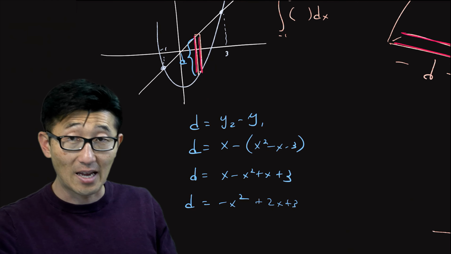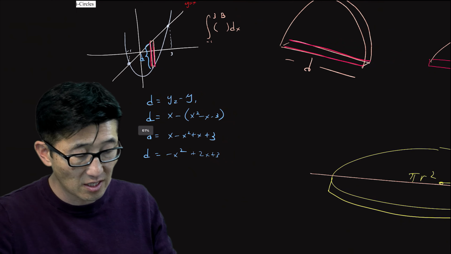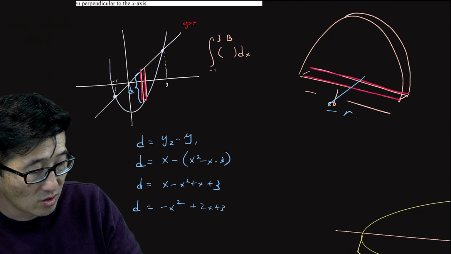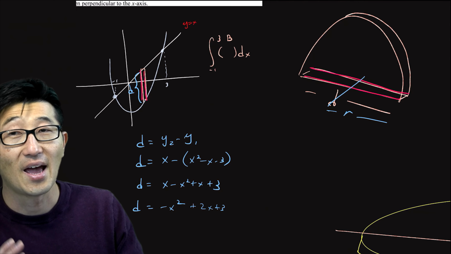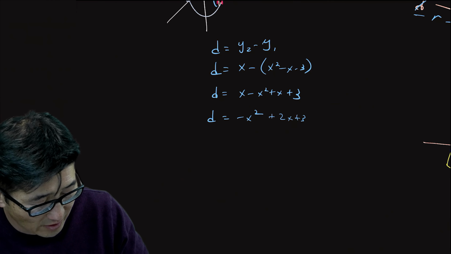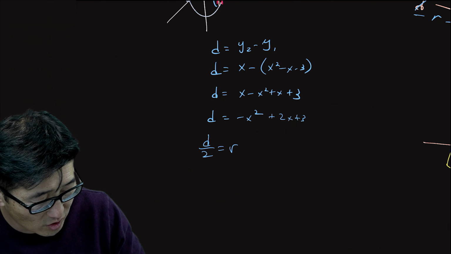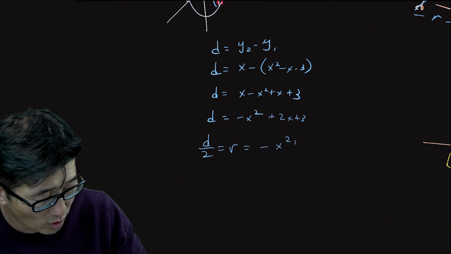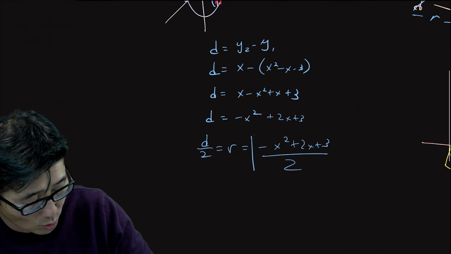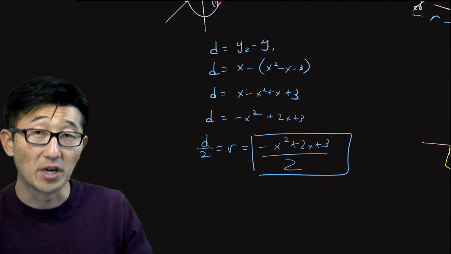But we don't need a diameter. What we need is a radius. The radius is half a diameter, so we're going to cut this in half by dividing it by 2, which will give us our radius. So this will be (negative x squared plus 2x plus 3) divided by 2. So this whole thing is my radius.